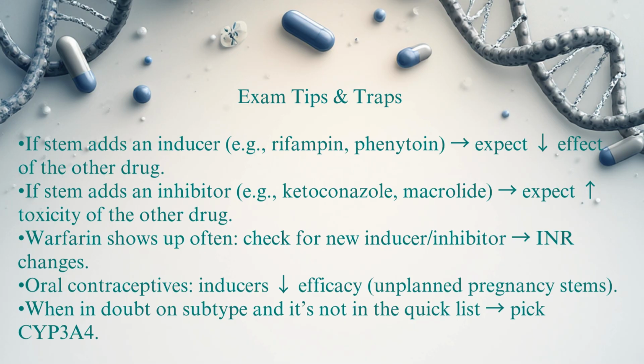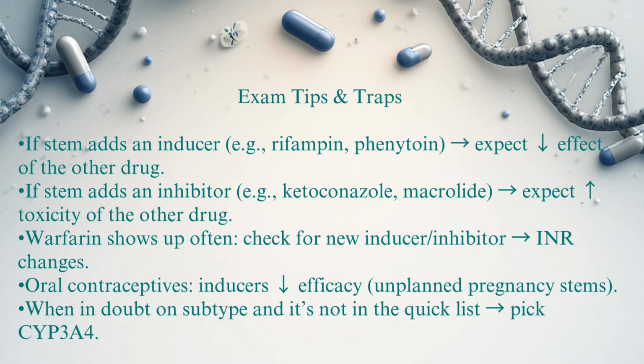Inducers speed up metabolism, so the co-administered drug is cleared faster and its effect drops. Second, if the stem adds a CYP450 inhibitor, like ketoconazole or a macrolide antibiotic, then you should expect the other drug to become more toxic. Inhibitors slow metabolism, drug levels rise, and side effects or toxicity become more likely.